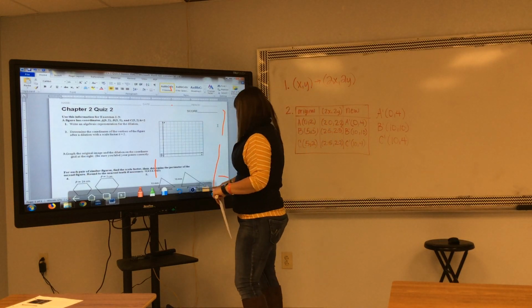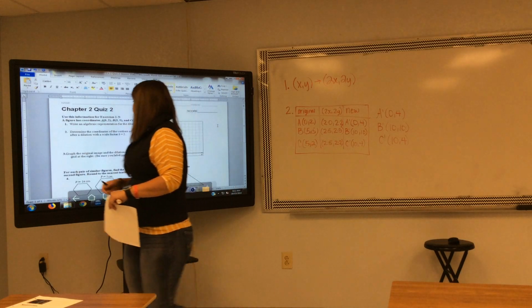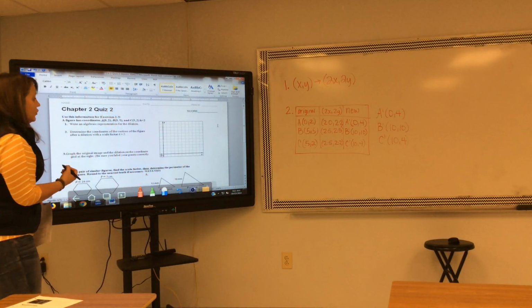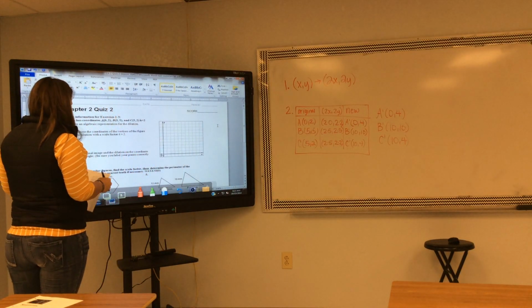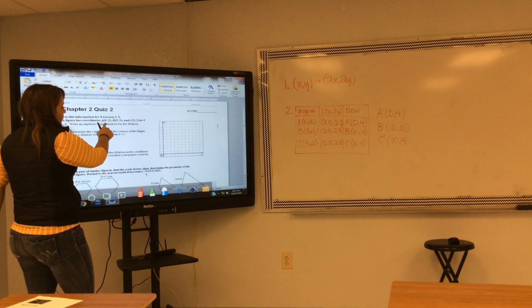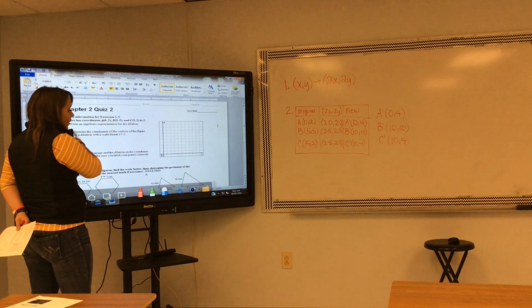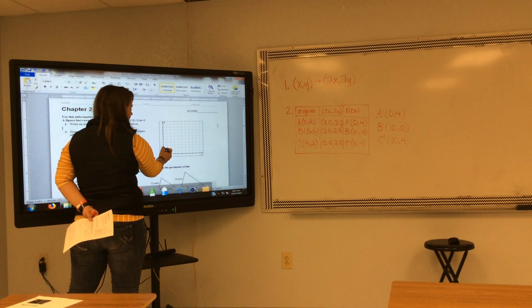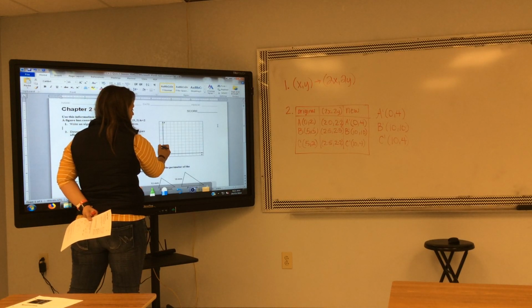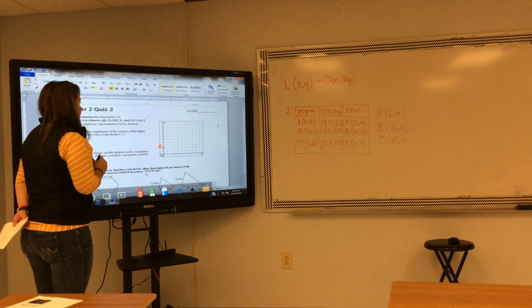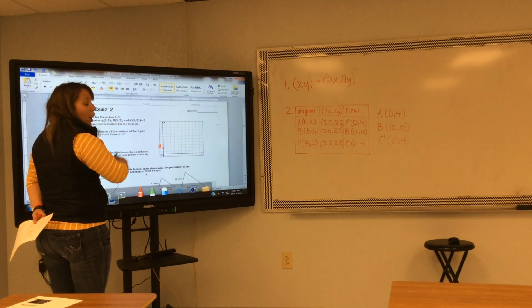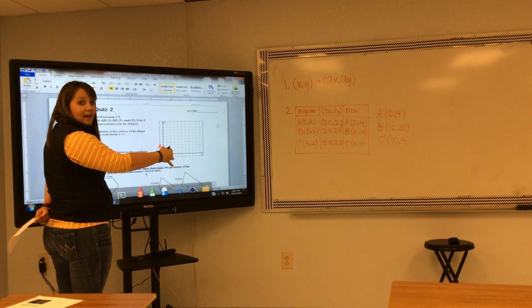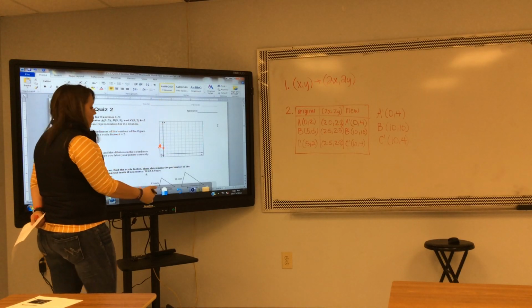So let's go ahead and get my original shape plotted. 0, 2 means I go to 0 on the x-axis and 2 on the y-axis, so I'm not going over anywhere, but I'm drawing a point right here and I'm calling it point A. 5, 5 means I'm going over to 5 on the x-axis and then up to 5 on the y-axis.